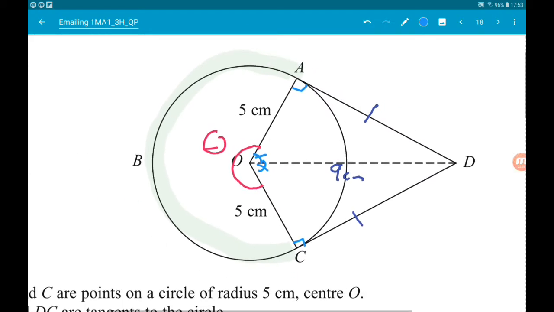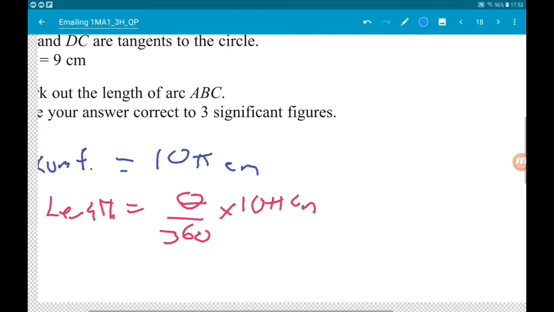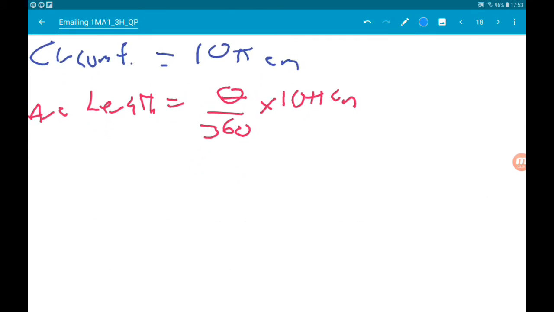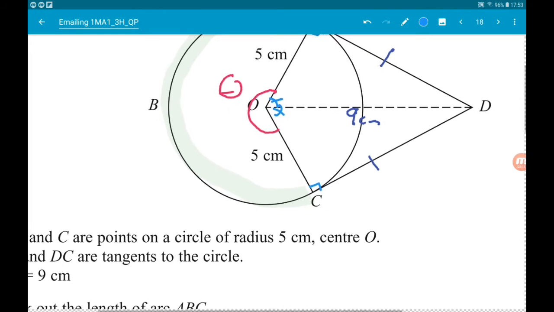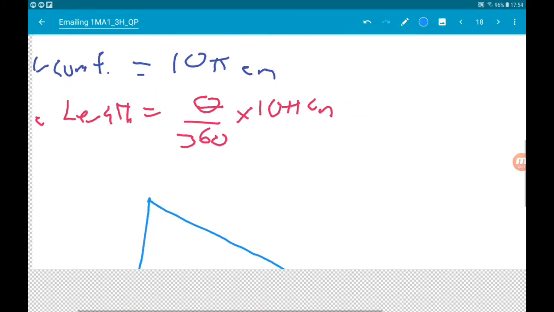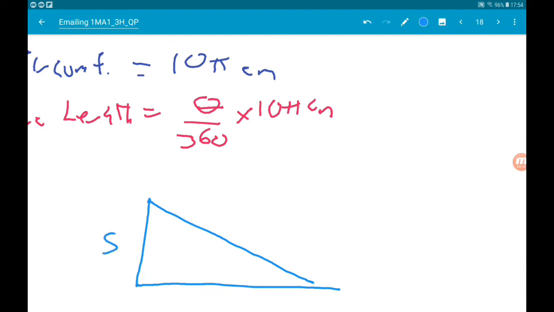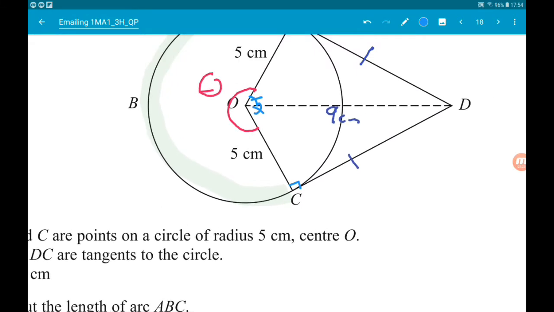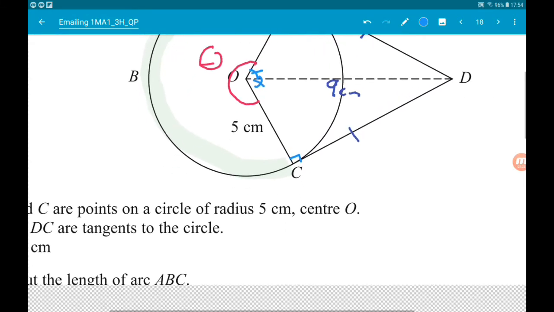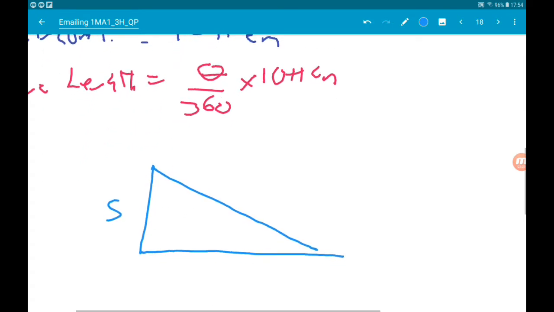So let's pull out a sketch of one of these triangles. So we know the radius is 5. Now we know the radius is connected to the right angle. So that's going to be our 5. Now we know the hypotenuse is DO, and that is 9. Now the angle that we want is this chap.